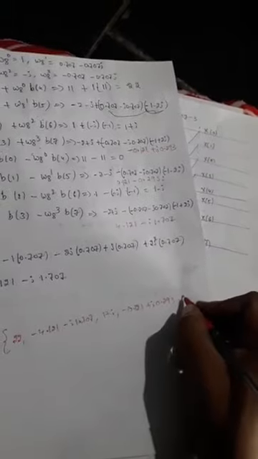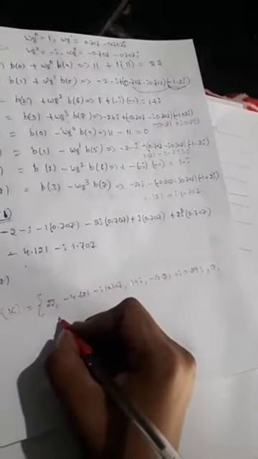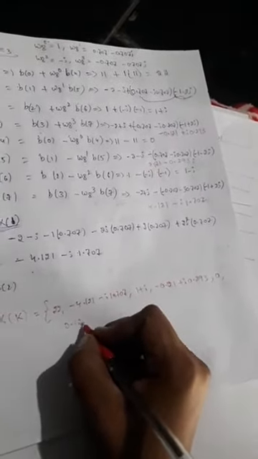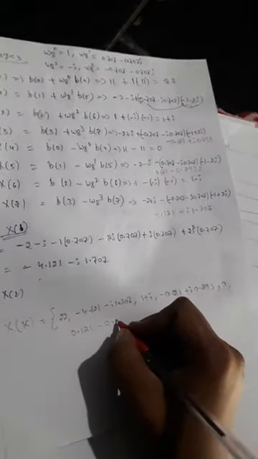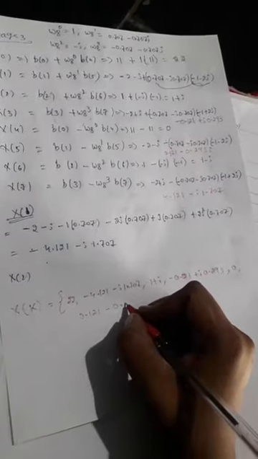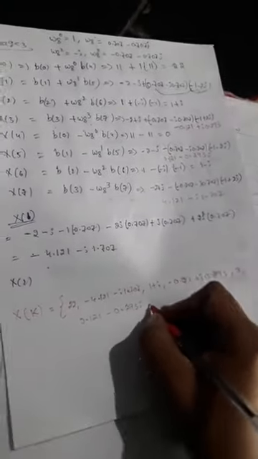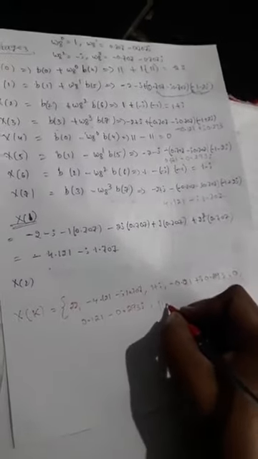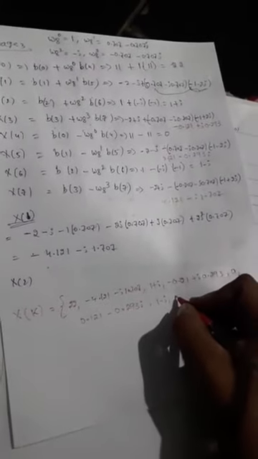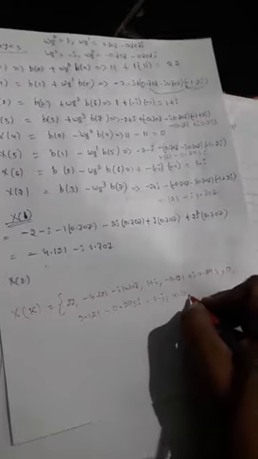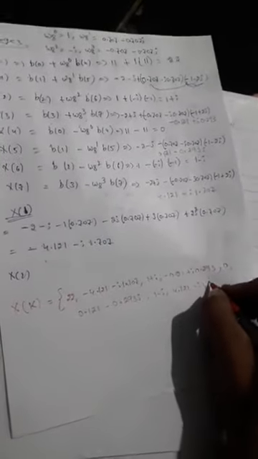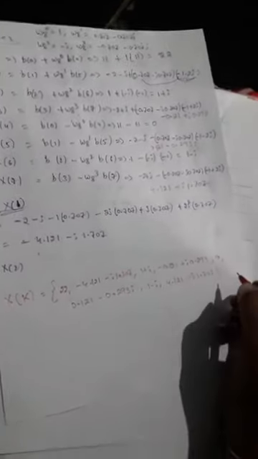Next x of 4 value is 0 and x of 5 value is 0.121 minus 0.293j. Next x of 6 is 1 minus j. Then x of 7 is 4.121 minus j 1.707.